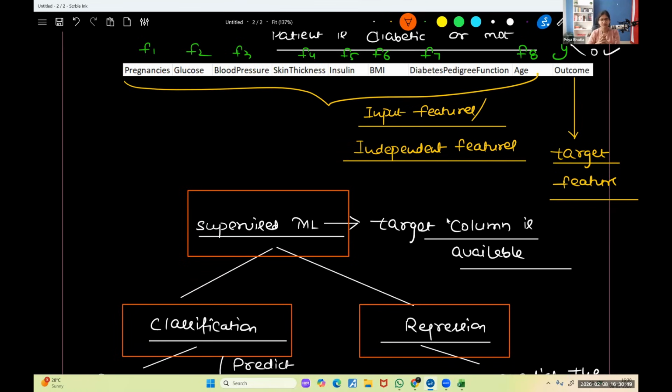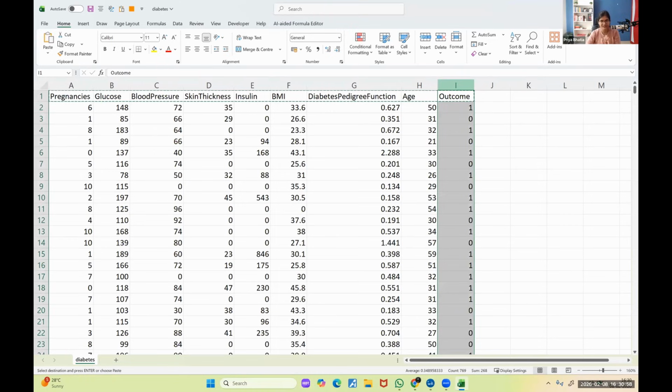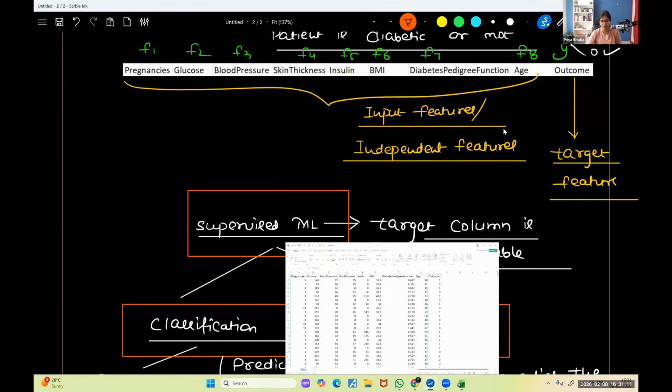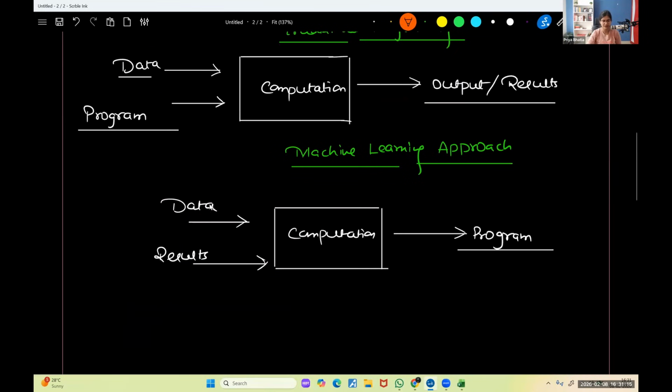For example, I gave you a real-time example of diabetic data, where we have a target column of outcome. Our main job is to feed the input features, from pregnancies to age, and try to predict the outcome. This is what we have done as well.